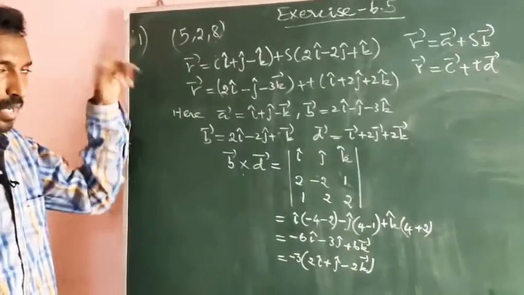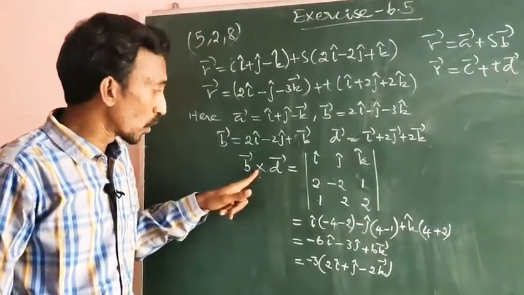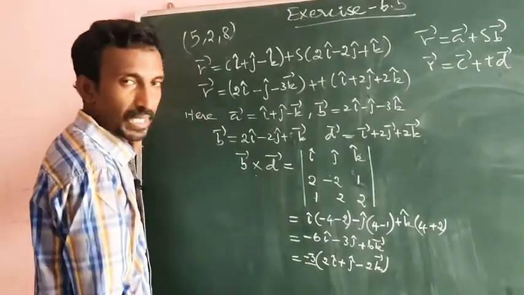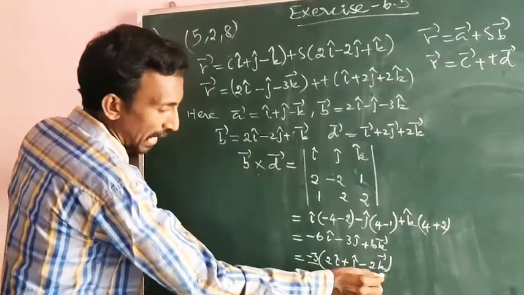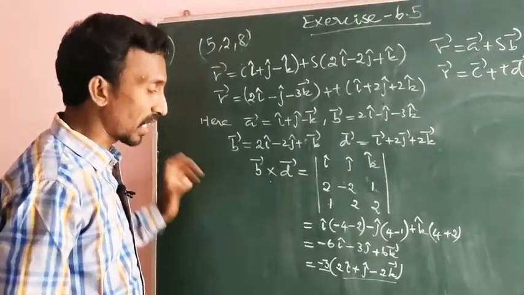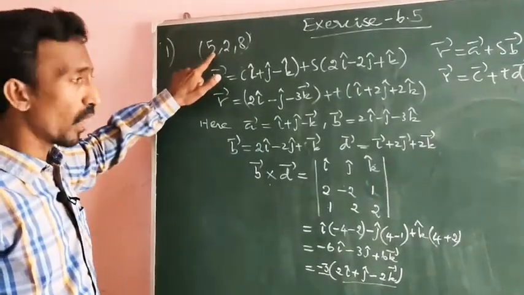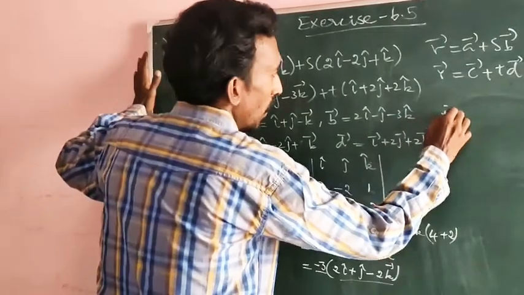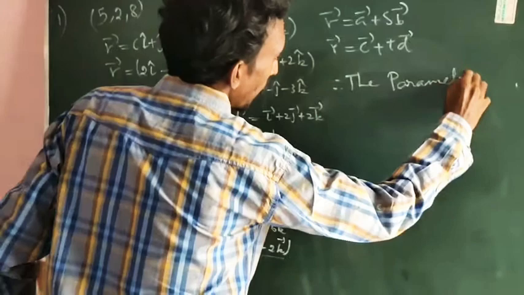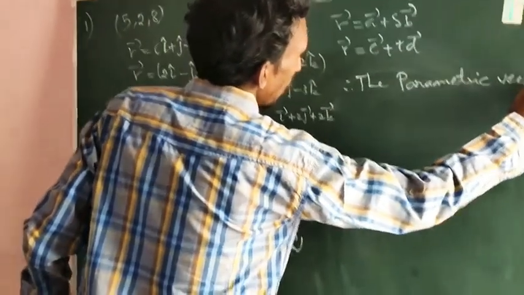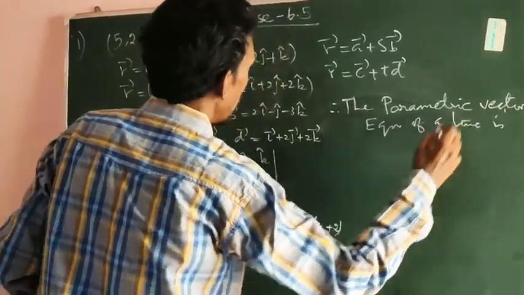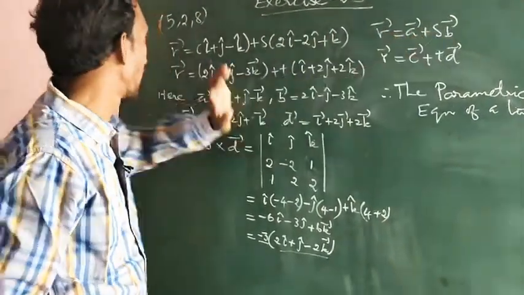So the required straight line is parallel to b cross d. We can leave this scalar multiple. So 2i plus j minus 2k is the parallel vector for the required line, and a point is given. Therefore the parametric vector equation of a line, we know, is r vector equal to a vector plus s b vector.